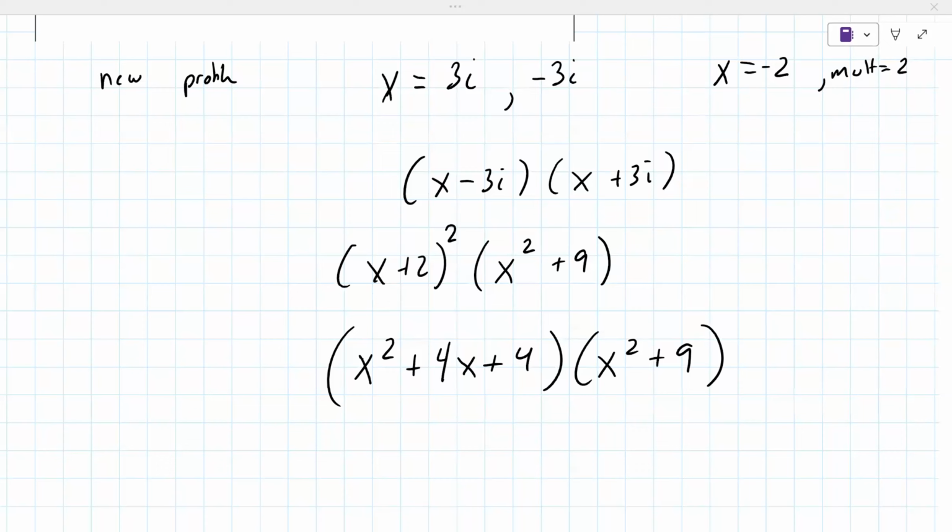All right, I got x to the fourth plus 4x cubed plus 13x squared plus 36x plus 36.